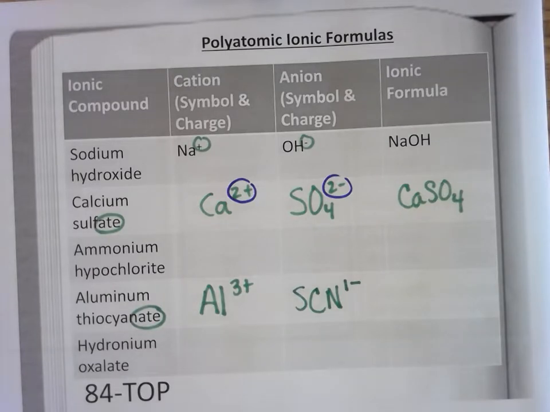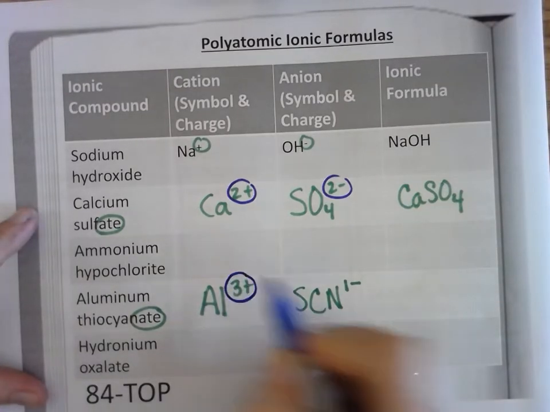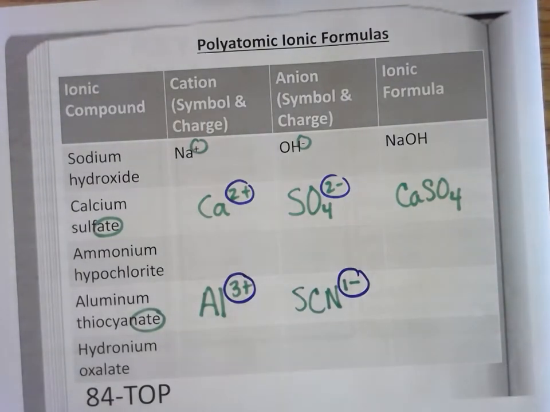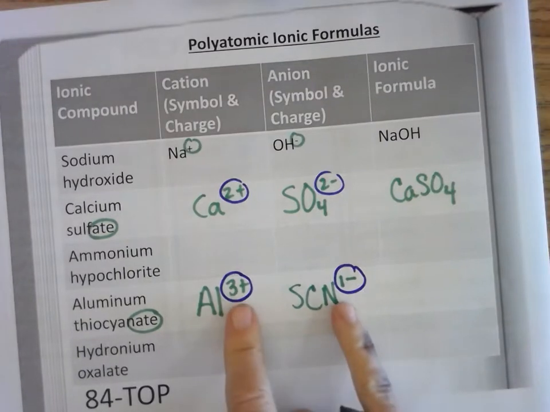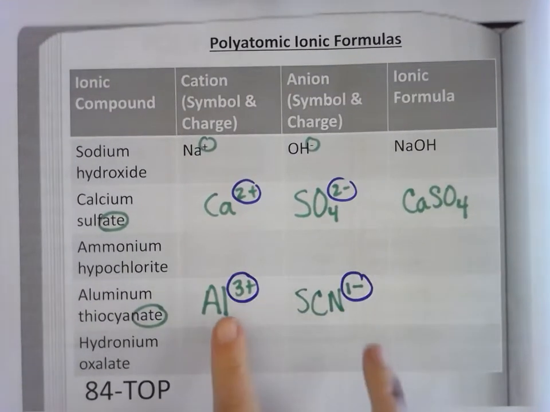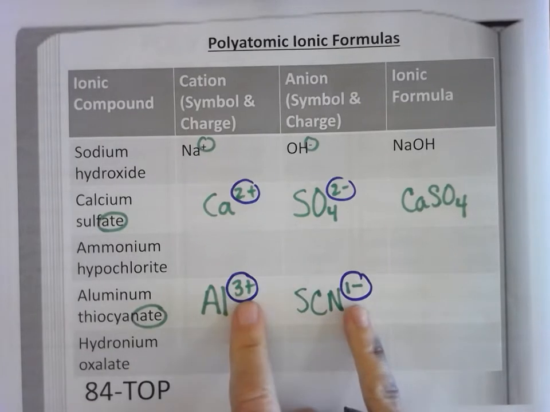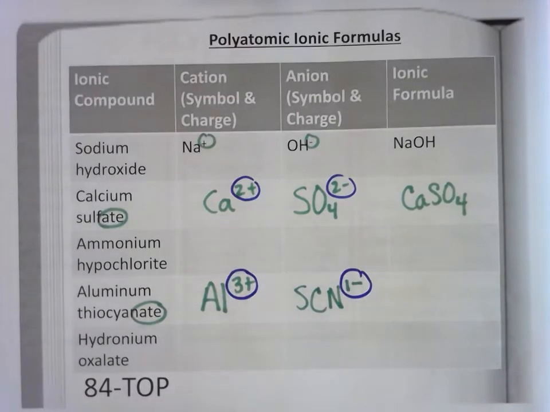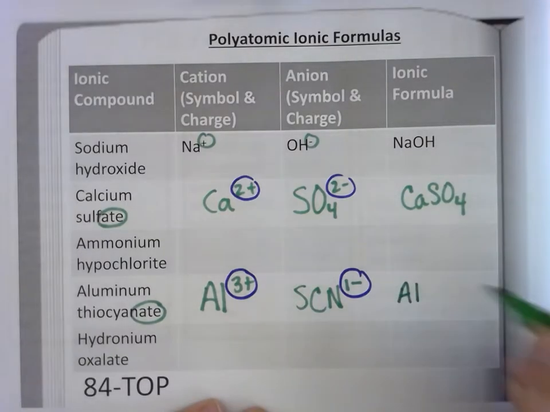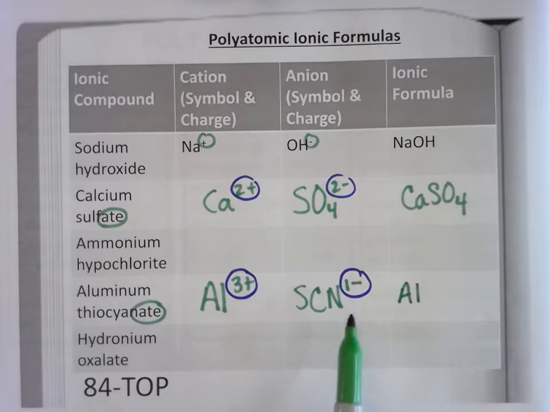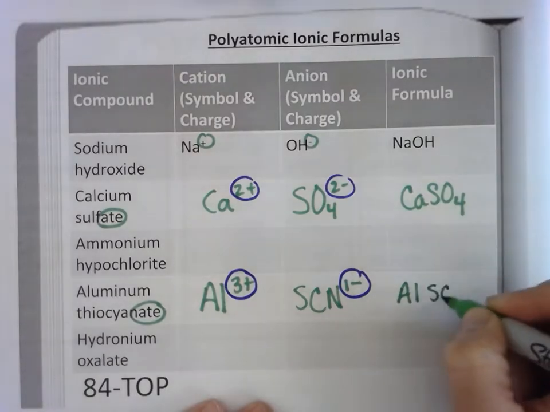So I have a 3+ to a 1-. I can do 2 things. I can do least common multiple or crisscross. The least common multiple of 3 and 1 is 3. So what do I multiply by 3 to get 3? It's 1, so I need 1 Al. And then what do I multiply by 1 to get 3? Well, it's 3. So SCN.